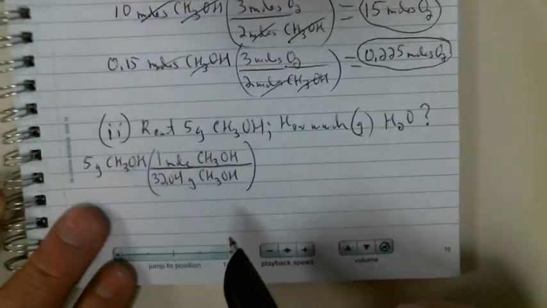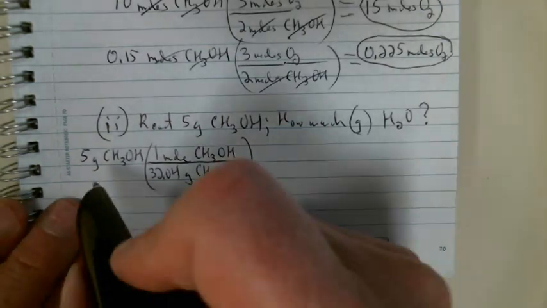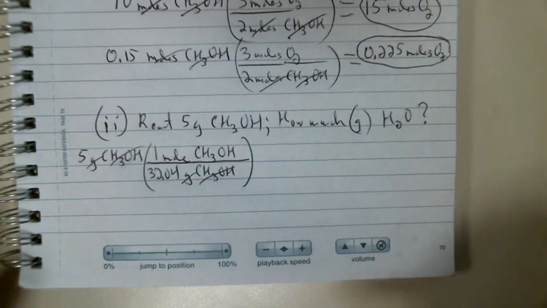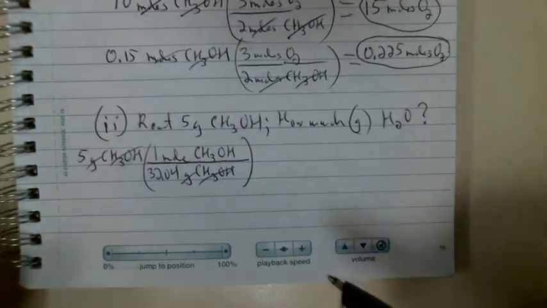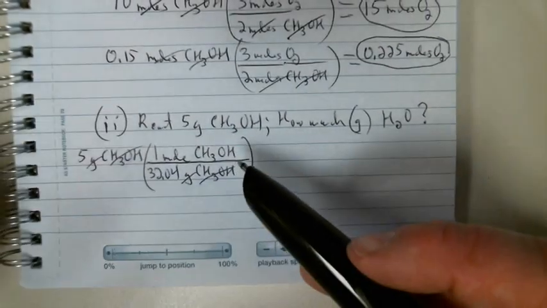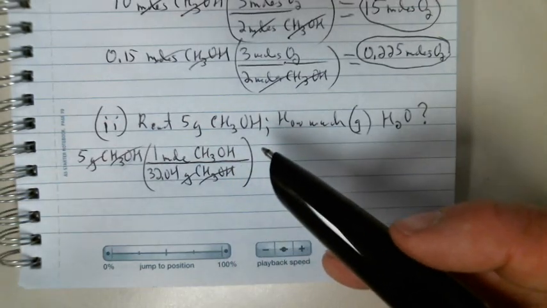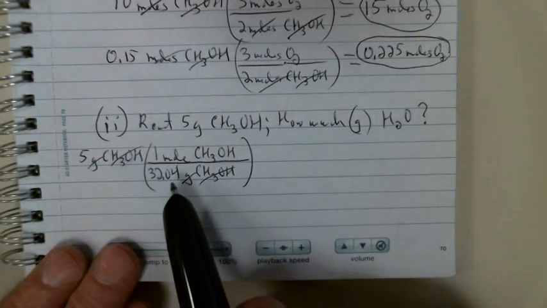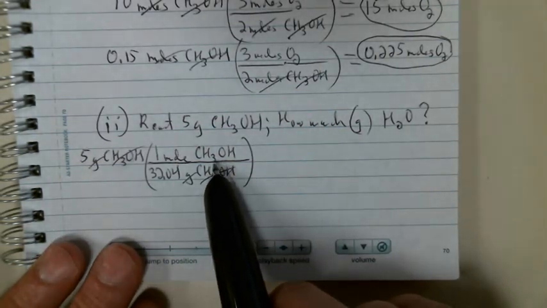Now I knew to put the grams on the bottom because then it would cancel. But don't sweat it if you don't, right? Because if you tried it with it flipped, you would see it wouldn't cancel, and you'd just flip it. Now I'm in moles of methanol.